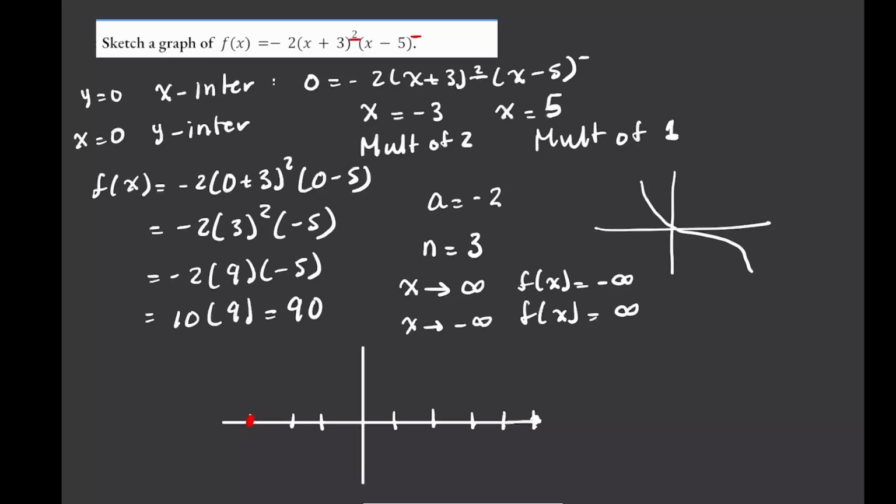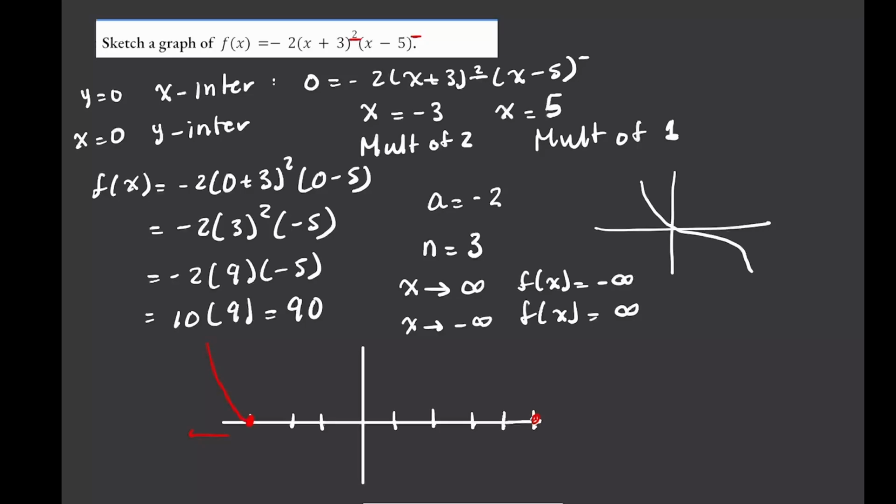At x equals negative 3, I have a multiplicity of 2, meaning my graph is going to have a parabola shape. And for my end behavior, as x goes to negative infinity, my graph is going to go to positive infinity, meaning my graph is going to start at the positive values.